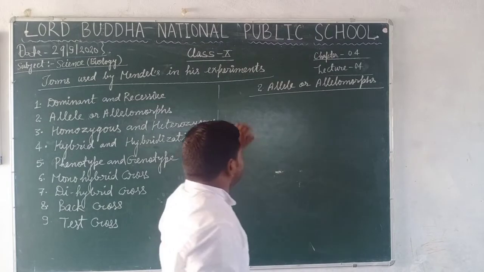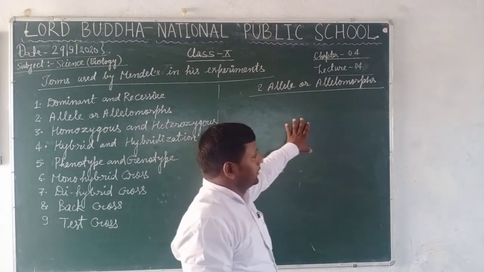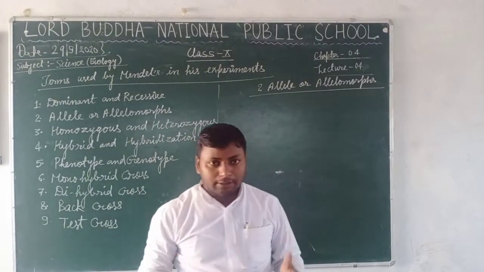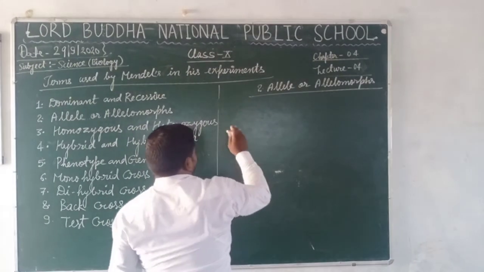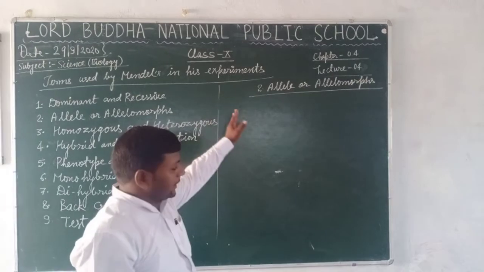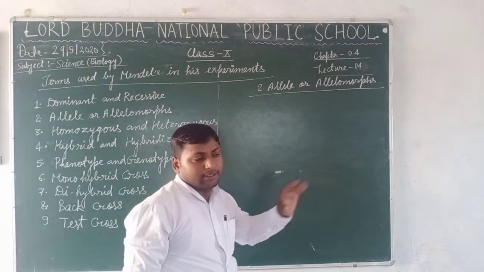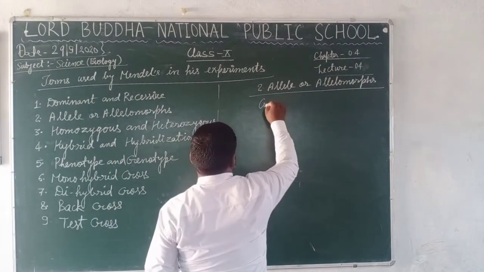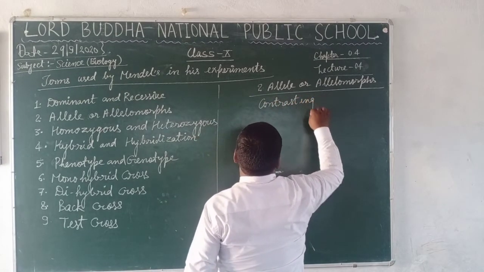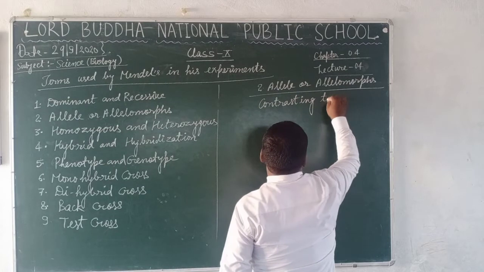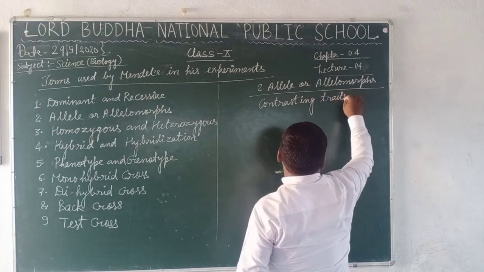Students, what are allele or allelomorph? Mendel said that, and he also selected 7 pairs of contrasting characteristics. Traits are characteristics.